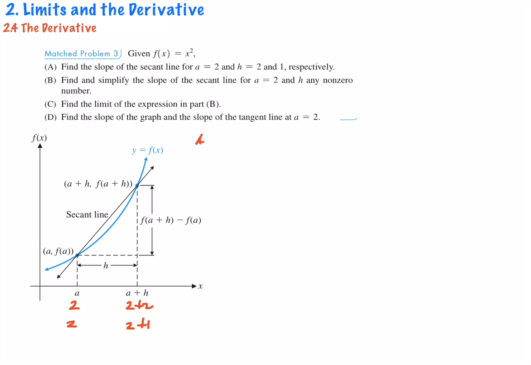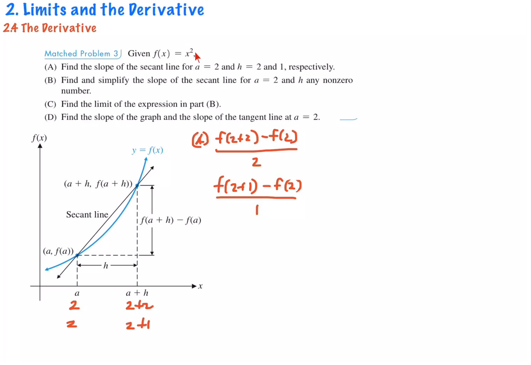So for a, put it over here, that will be f of 2 plus 2 minus f of 2 divided by 2, since h is equal to 2. And then the other one will be f of 2 plus 1 minus f of 2 divided by 1. Oops, I'm sorry, it's supposed to be f of 2, not f of 1.